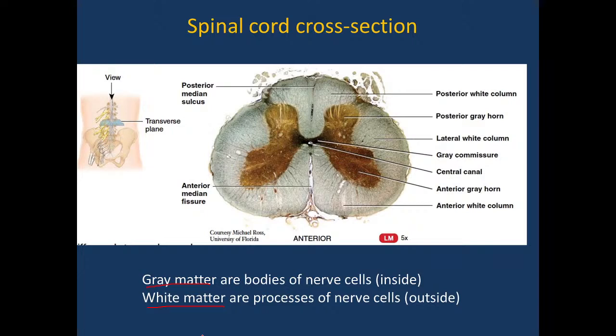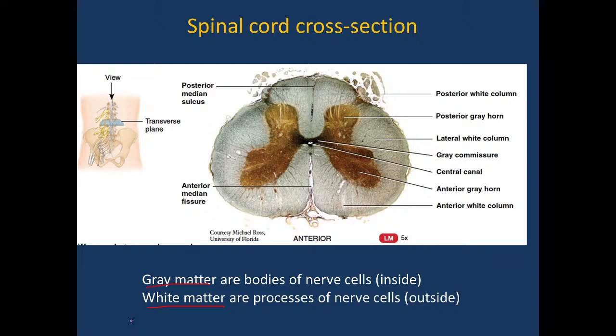Gray matter contains mostly the somas of neurons, or bodies of neurons. White matter contains an abundance of myelinated axons, which give it a bright, pearly white appearance.